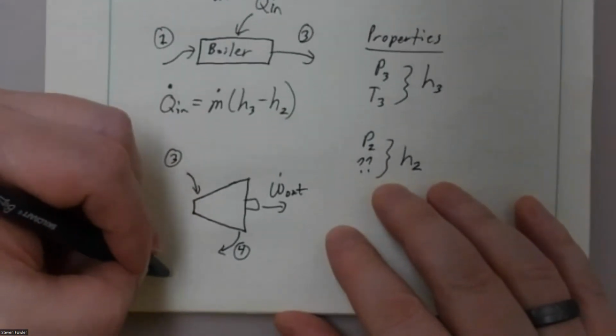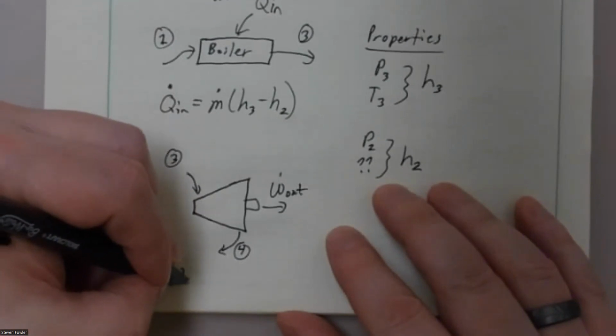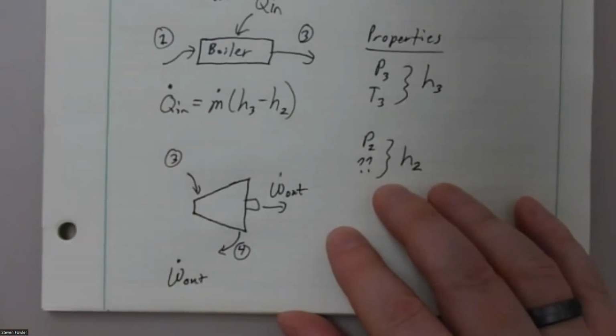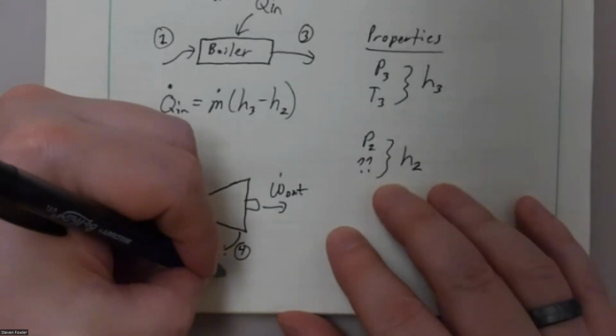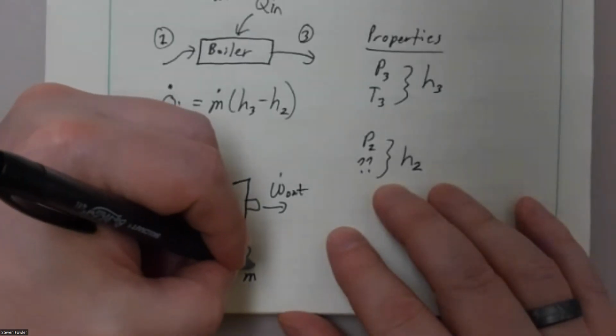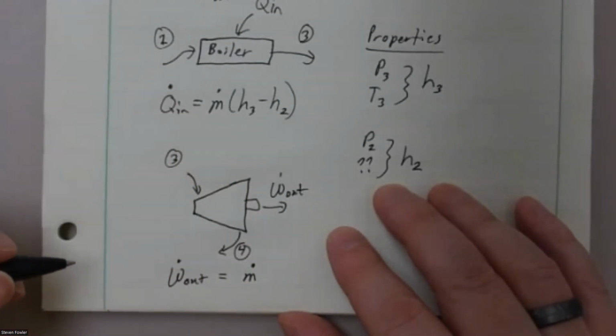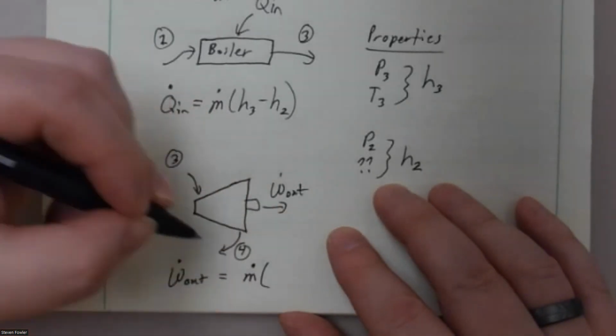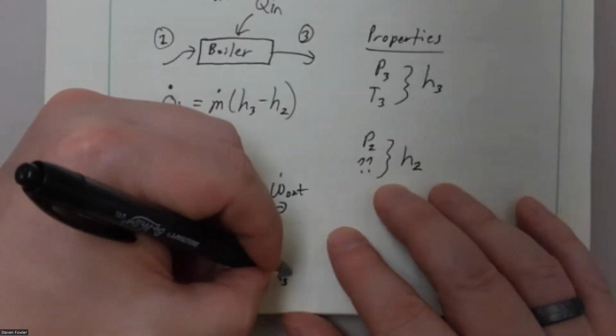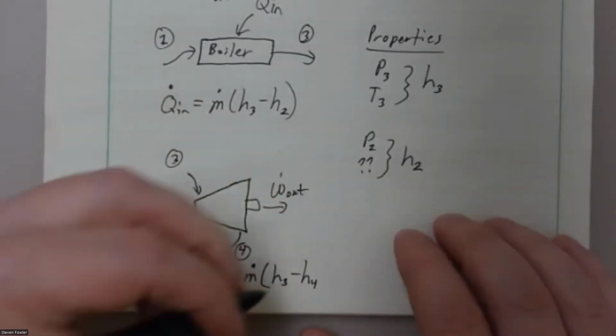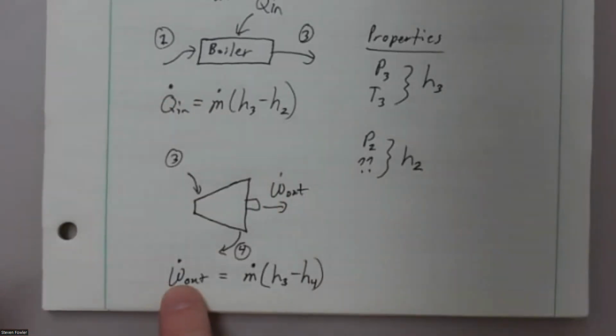So if I look at the first law here, the power output is going to equal the same mass flow rate, and this is going to be mass in minus mass out. So it's going to be H3 minus H4. Technically it's minus the power output plus m dot times H3 minus H4 equal to 0.